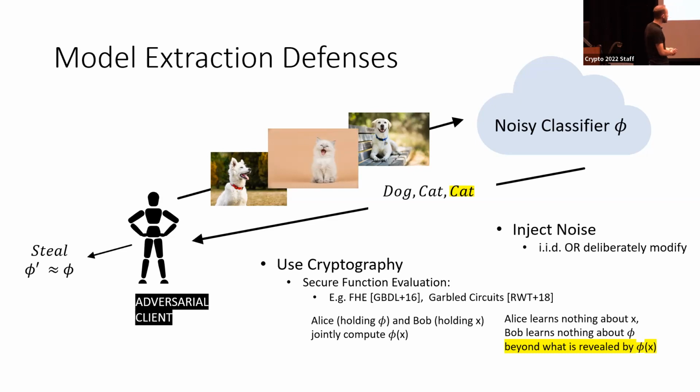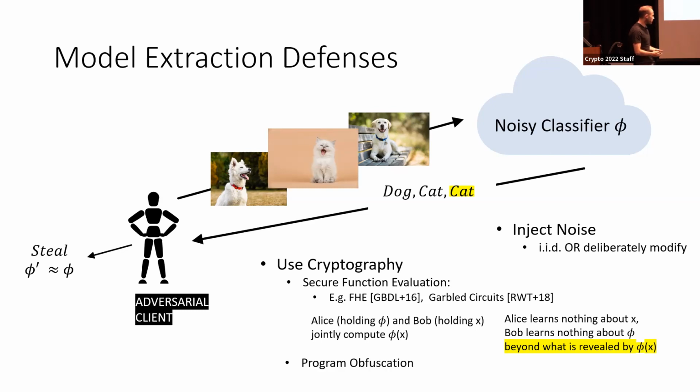So this is great for secure function evaluation, but it's not sufficient for model extraction because we don't get any guarantees for the case that Bob is allowed to repeatedly interact with Alice, the model owner, and build a large data set to then infer from.